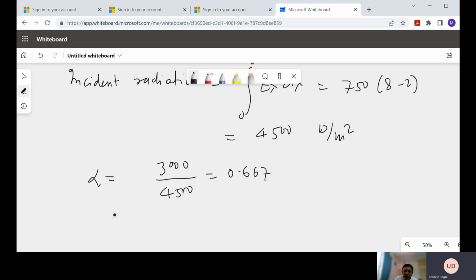Now absorptivity plus transmissivity plus reflectivity should be equal to 1, isn't it? Surface is opaque, isn't it? Surface is opaque. So for an opaque surface, transmissivity is 0.